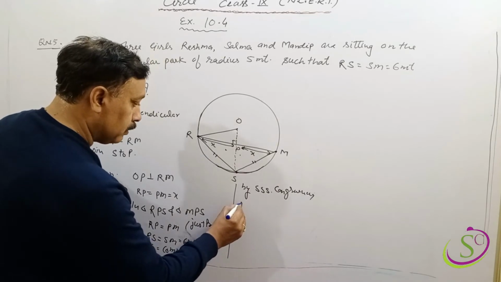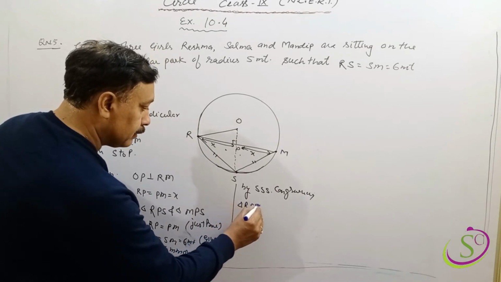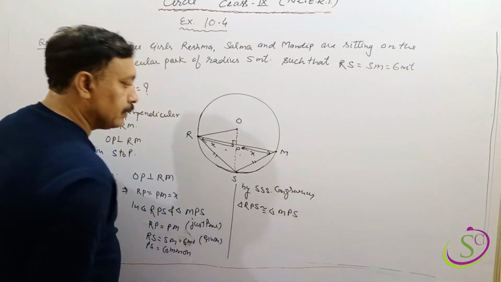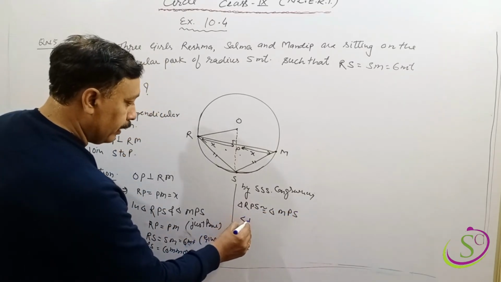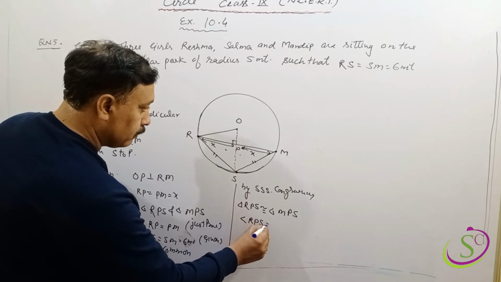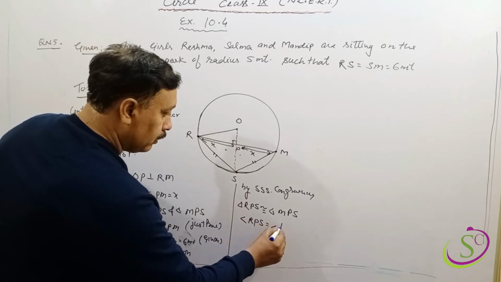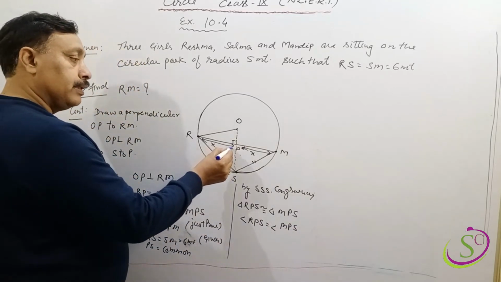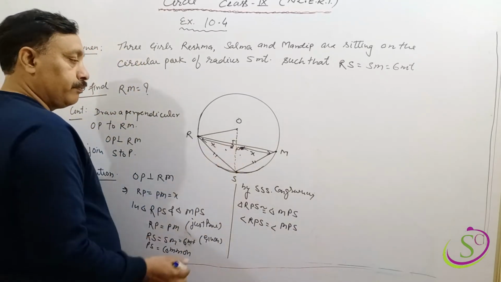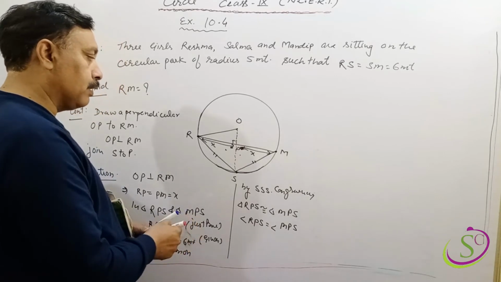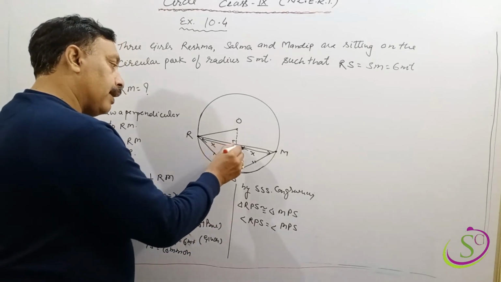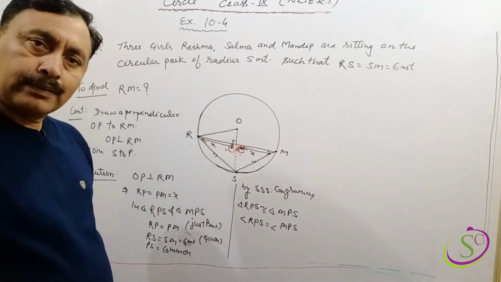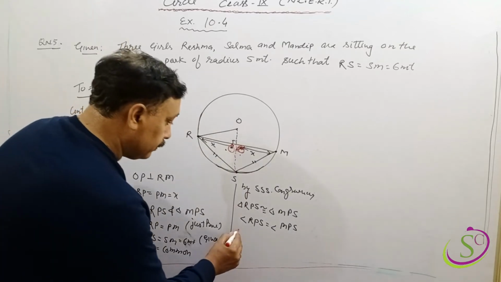Means triangle RPS is congruent to triangle MPS. Okay? So angle RPS will equal to angle MPS. Means this angle and this angle, using different color, this angle and this angle, both are equal. Clear?